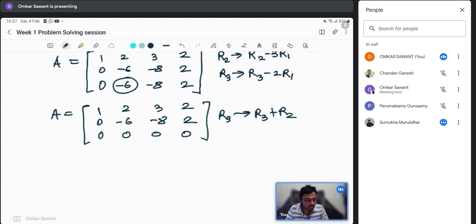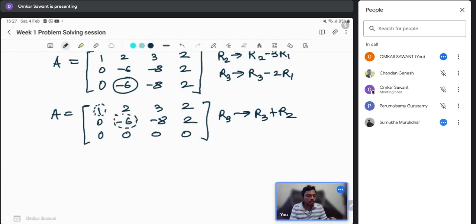Whenever we get a row echelon form, the pivot elements are the first element in the non-zero rows, right? What are the two non-zero rows? Row 1 and row 2. So what are the pivot elements here? 1 and minus 6, correct?